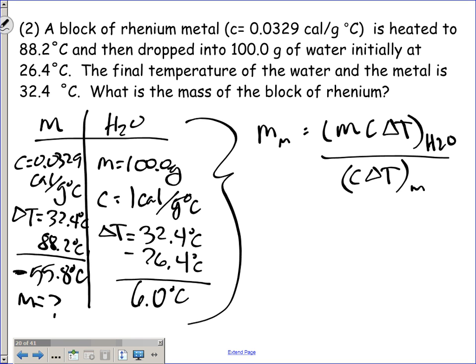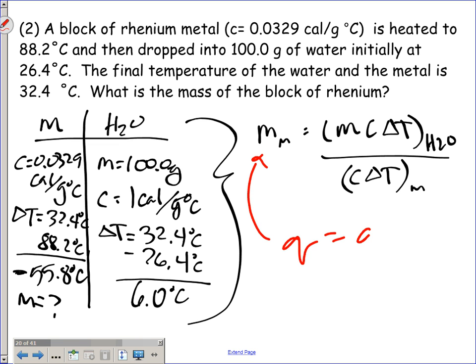So after you had this, he achieved this by first doing Q equals Q, and then MCΔT equals MCΔT, and then pulling everything away from the M so that you could solve for the M individually. I'm trying not to insult your intelligence on your algebra, but I know that some of us know how to rearrange formulas, and some of us haven't rearranged a formula in 2 years. So just make sure you ask me questions on rearranging your formulas. But this is how you set up, and then all your units will cancel except for mass. Hopefully. But how did we get here again?